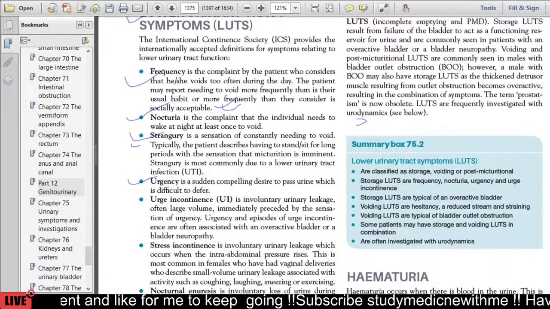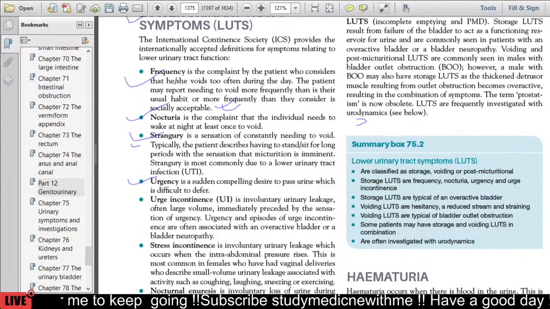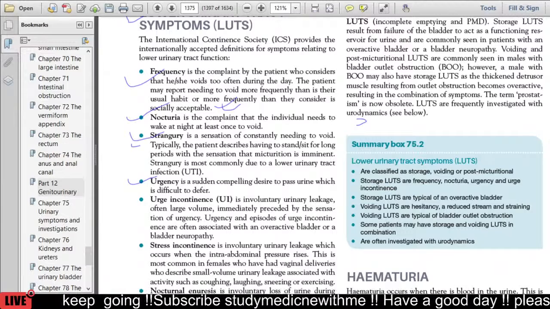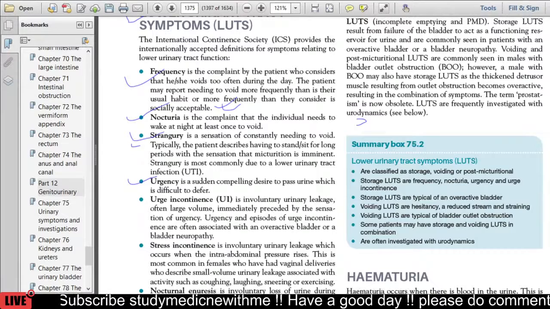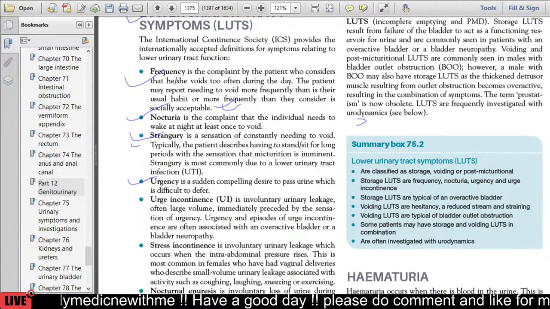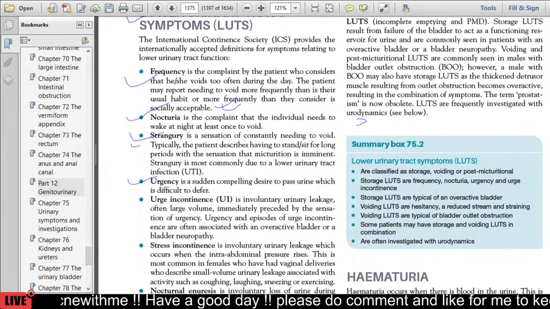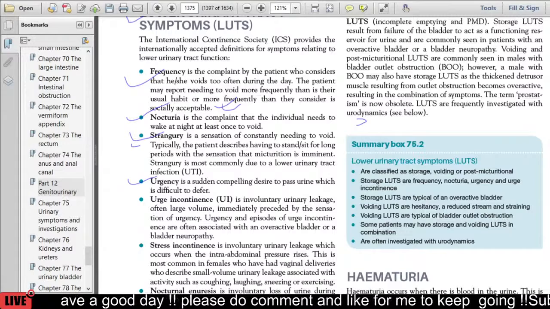So we are going to source the pronunciation of stangury or whatever it is. Okay. So how to pronounce strangury or whatever it is? Let's see. Strangury. Okay, it is strangury. Strangury. Strangury.